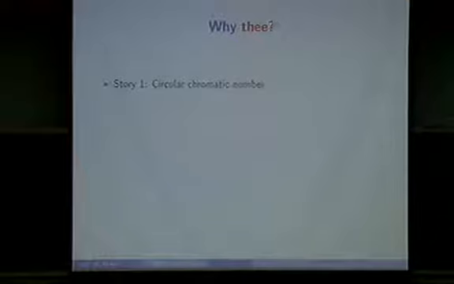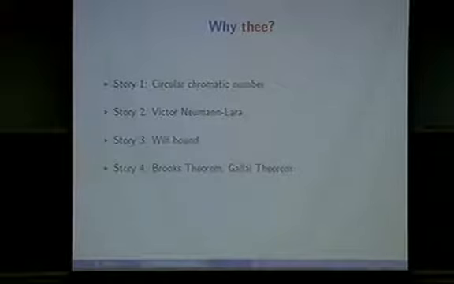So there are a few slides or stories that I will tell you. Story 1 will be the one where I started introducing this number. Story 2, story 3, 4, and 5. So this is roughly the outline of where I'm going during this talk.